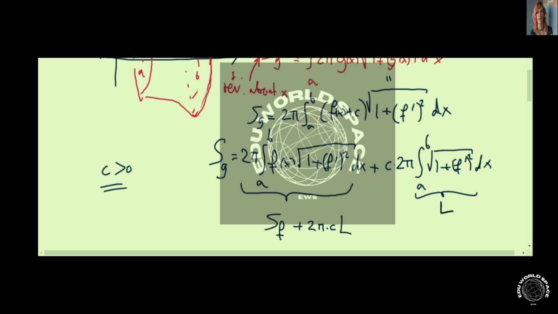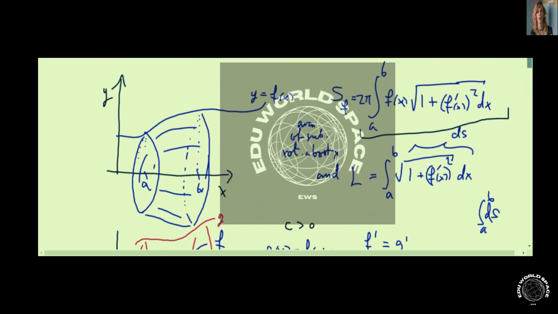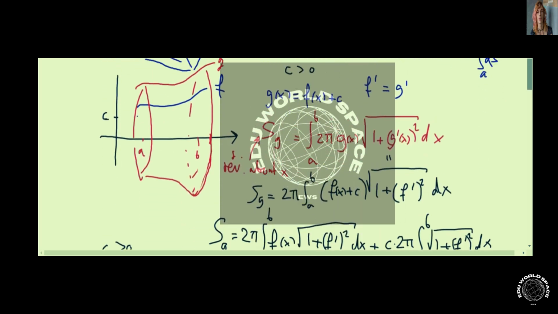So that will be L. So the area of the surface of revolution of rotating g is the area of the original function plus 2 pi times c times L, and that is the area of this modified surface.